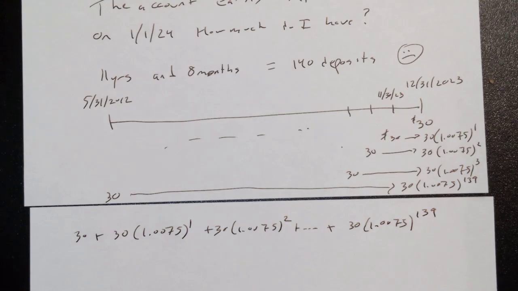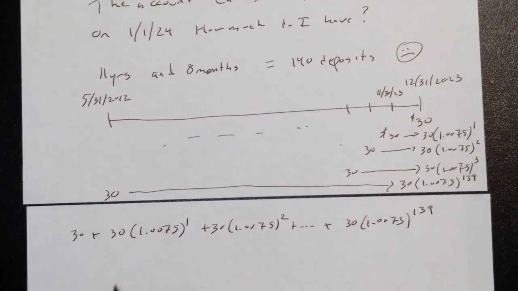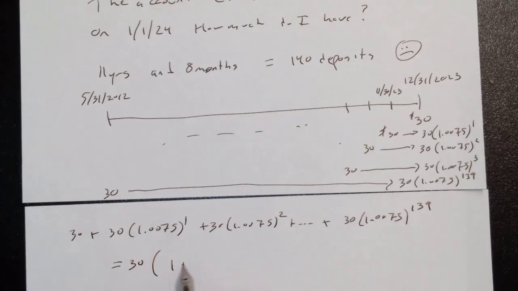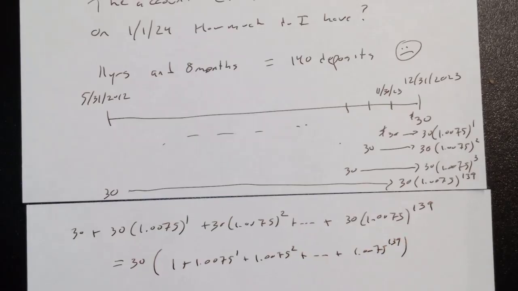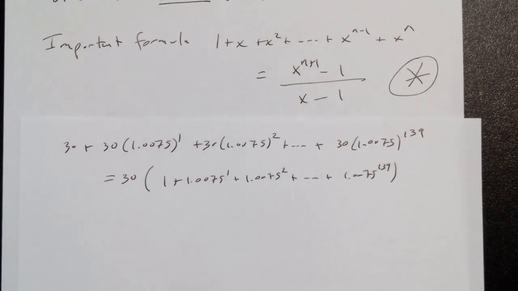If I factor the 30 out, what's inside that set of parentheses is exactly the geometric series we were looking at earlier. 1 plus x to the first plus x squared plus x cubed, and so on, all the way up to x to the 139th. Hot damn! Because that means I can use that formula.